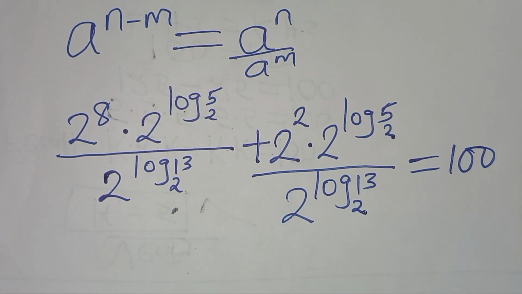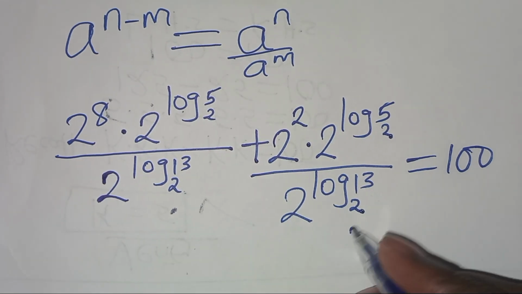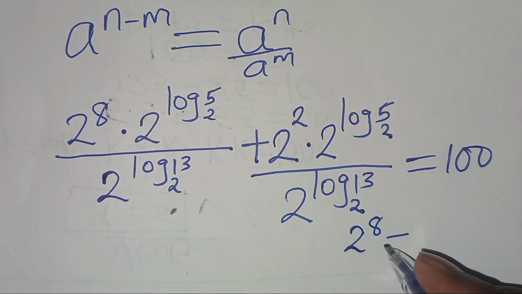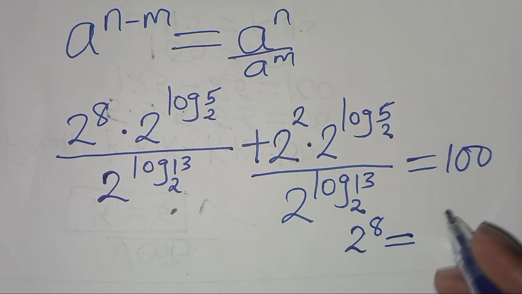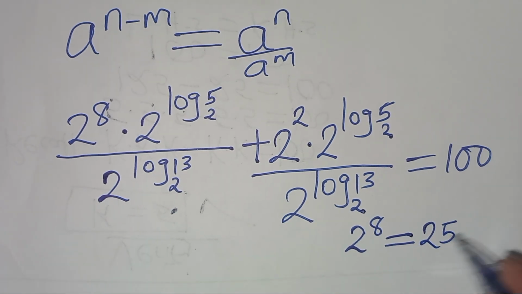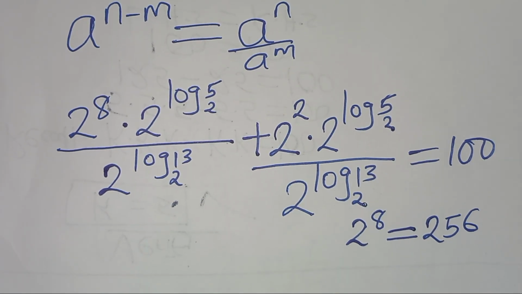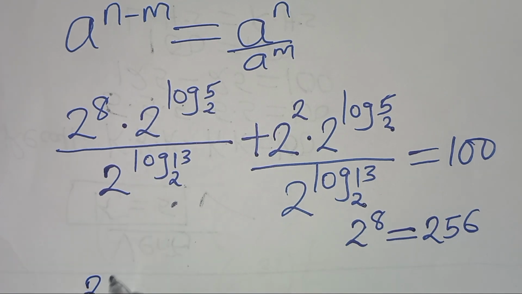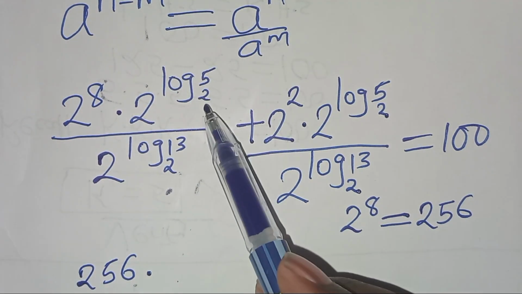Let's proceed from here. So here, 2 to power 8, this is the same thing as 256. So here we have 256 multiplied by 2 to power log 5 to base 2.